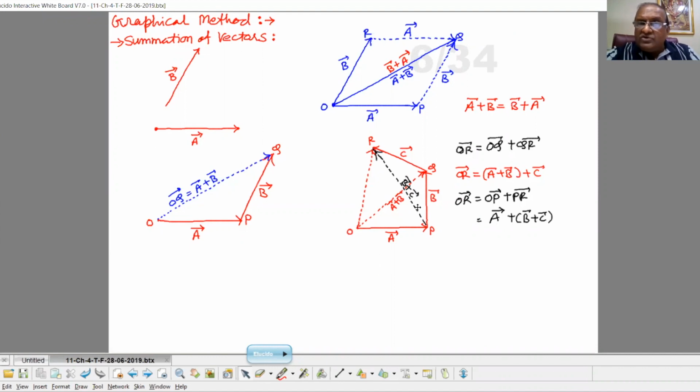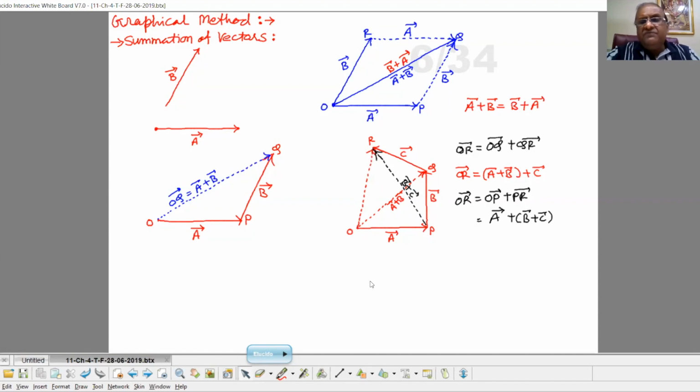And here also we can observe this thing. Suppose we want A plus B plus C. So in that, first suppose we take A plus B, and that resultant is OQ, then it is summed up with C, then we will get OR. But suppose first we take B plus C, so that result is PR, and then we take the summation of A and this one, then the result is OR.